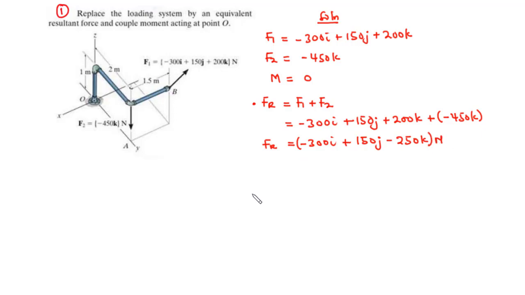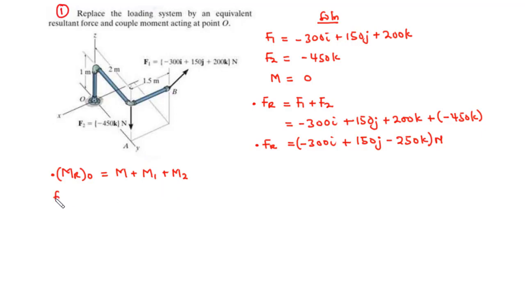Now let's move on to the resultant couple moment about point O. The resultant couple moment, which is given by M_R about O, is equal to M plus M1 plus M2. In order to evaluate this, we first of all need to find the values of M1 and then M2.